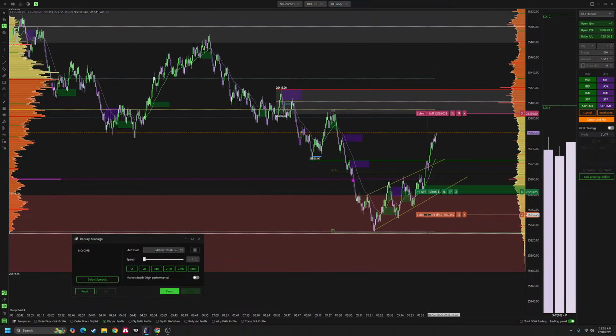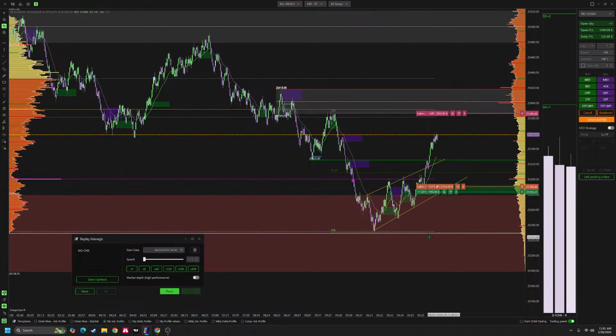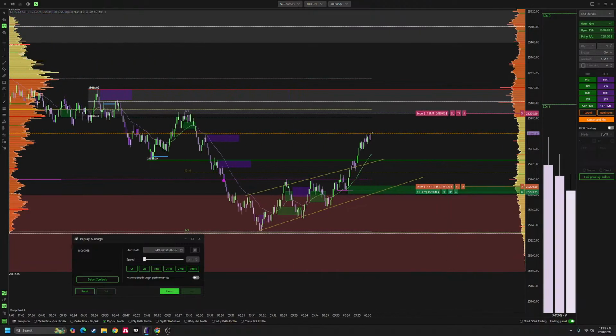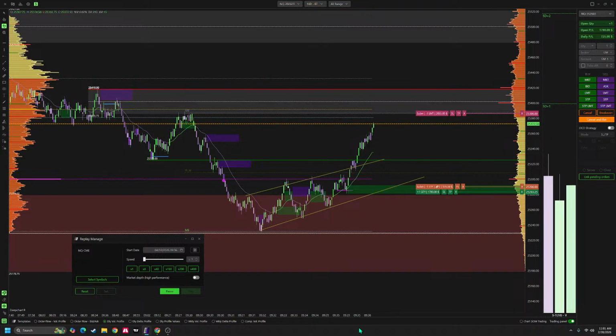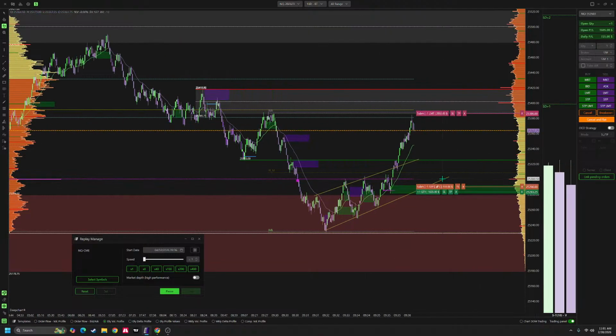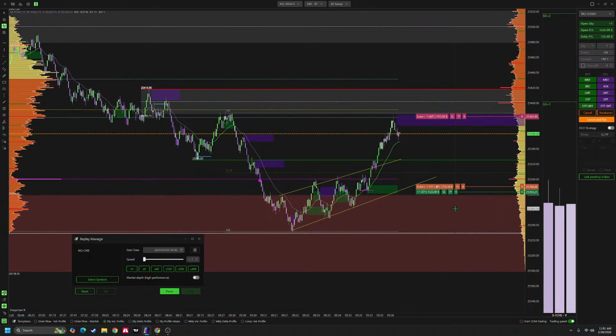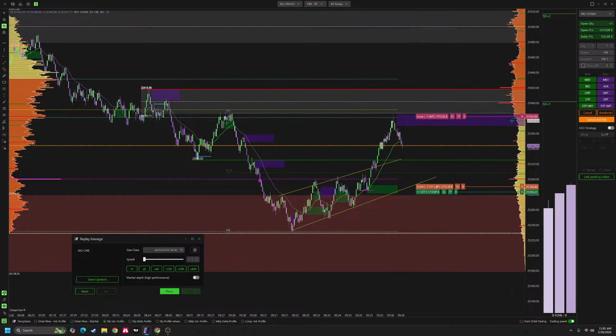So now we move our stop to break even or a little bit higher. Actually had it too high. It was supposed to be there, so we would have hit it, right? So that's funny. That was just a mistake on the placement.